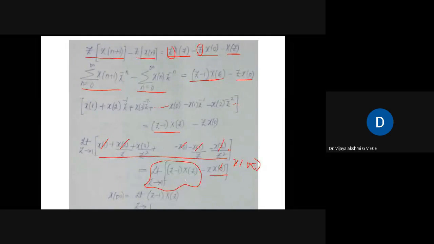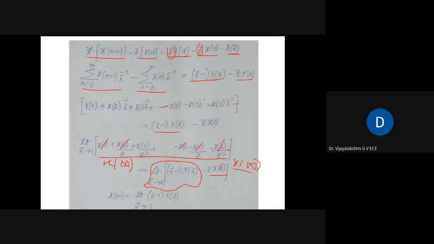Okay, so all will cancel except the last term because one extra term is on the right hand side. So you are left only with x of infinity. So I can say x of infinity is equal to... here all will get cancelled, right? So you are left only with x of infinity.